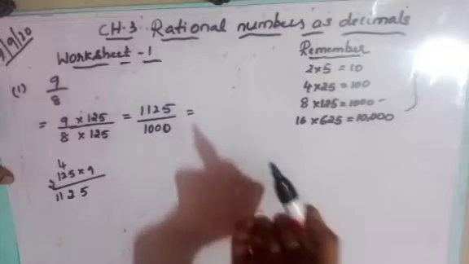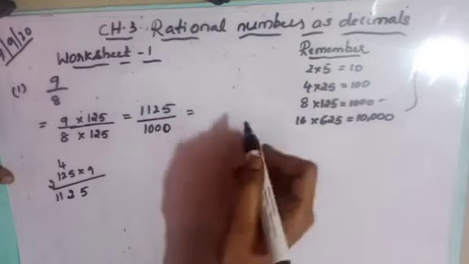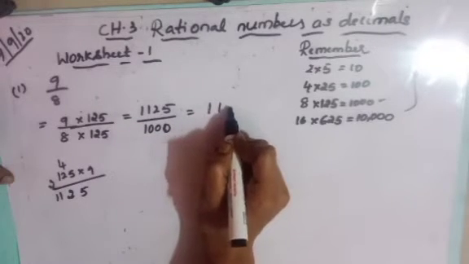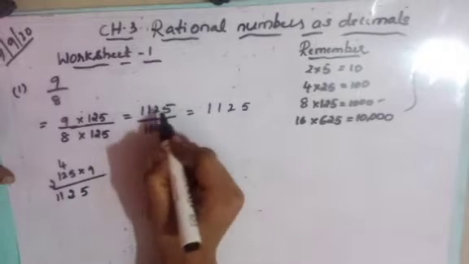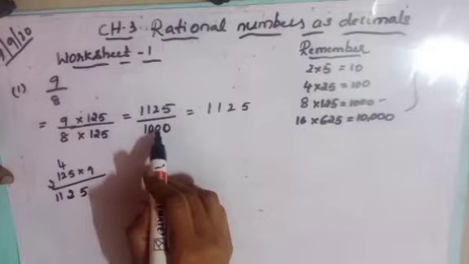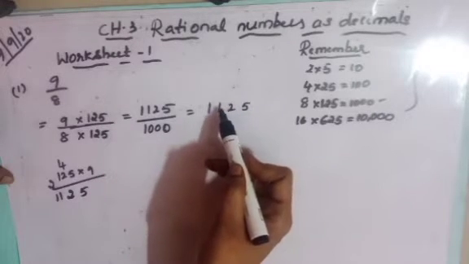So it will be easy to write in the decimal form. So write this number as it is, that is 1125. In the denominator, 1000 means how many zeros does it have? 1 2 3. So before 3 digits we have to keep the point.